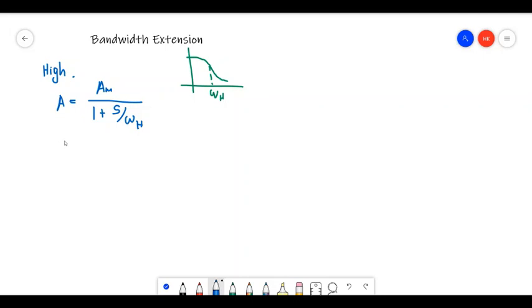If we give negative feedback, our new closed loop gain will be A over 1 plus A beta.